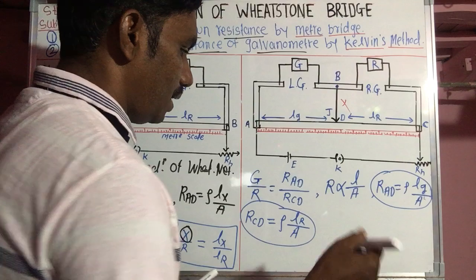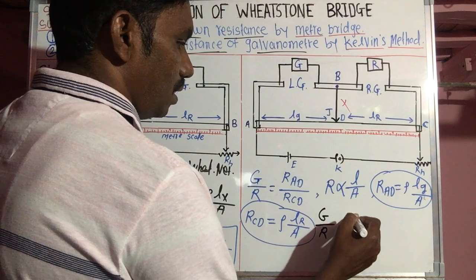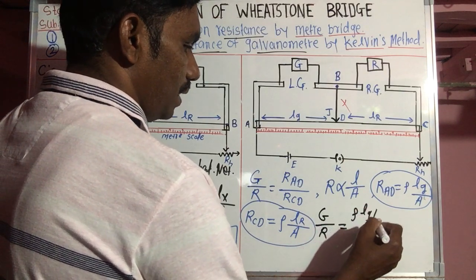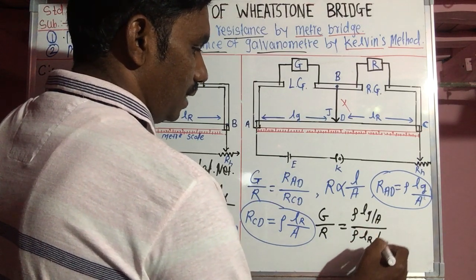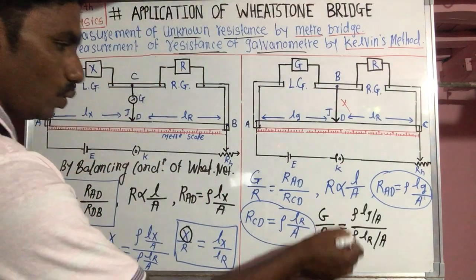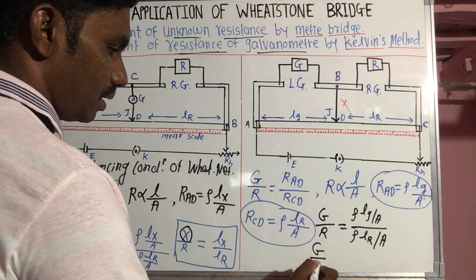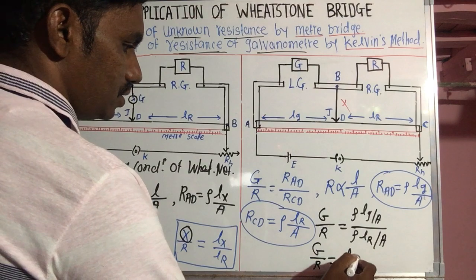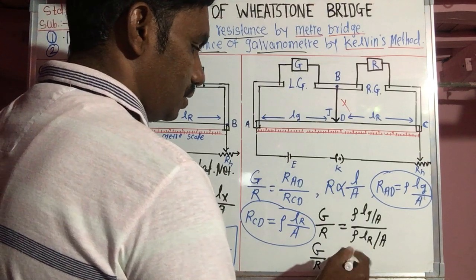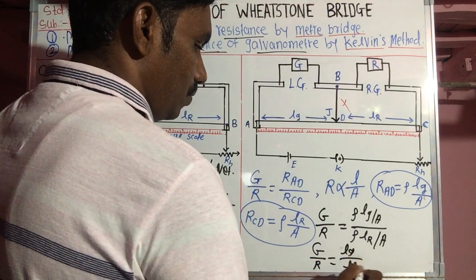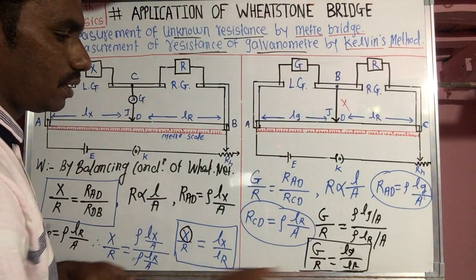G by R equals rho LG divided by A, whole divided by rho LR divided by A. So rho cuts, A cuts, and finally we get G by R equal to LG by LR. From this equation we calculate the resistance of a galvanometer.